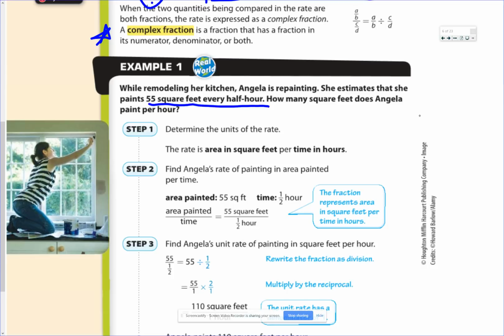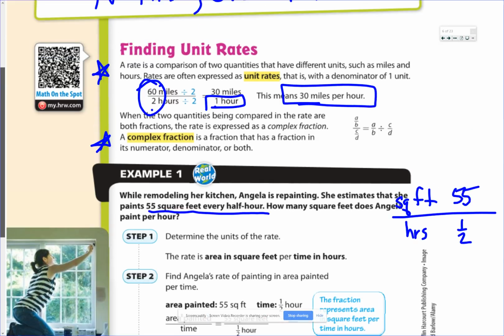Well, you could think of it kind of in a model like we were doing before. So here's my square feet. I'm going to put that on top. And then down below, I'm thinking time or hours. So I'm thinking, well, at a half hour, she painted 55 square feet. And that means I should move that down a little bit so you can see.